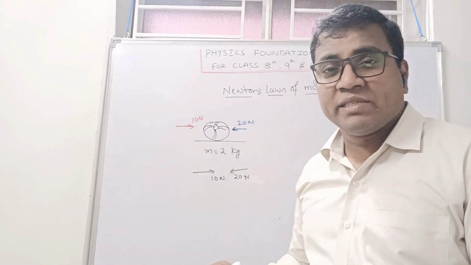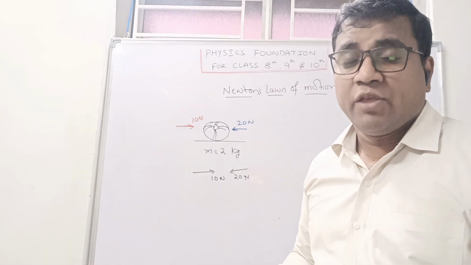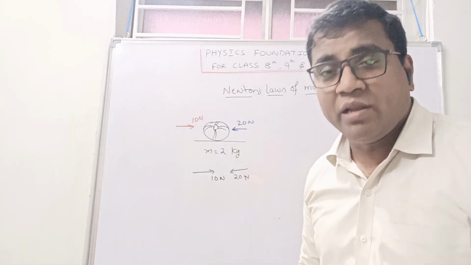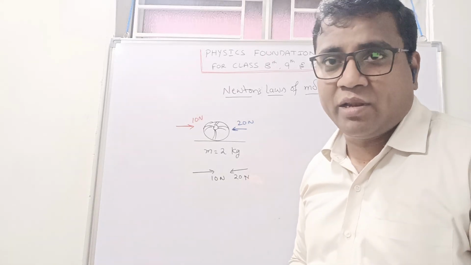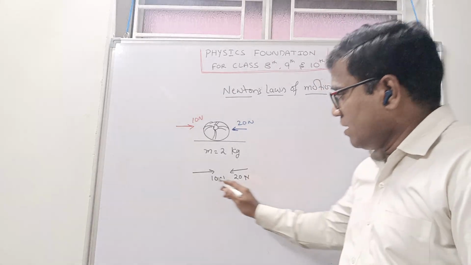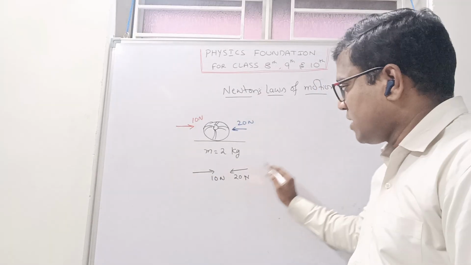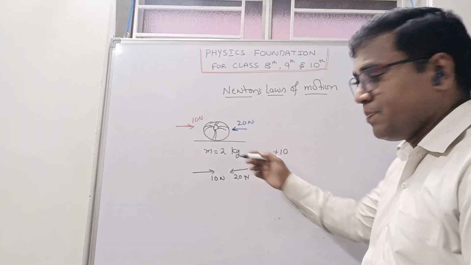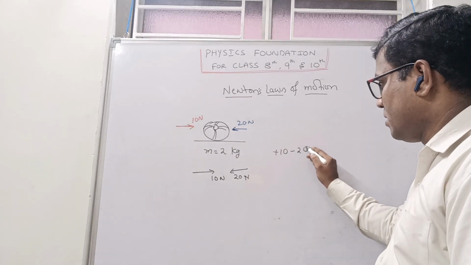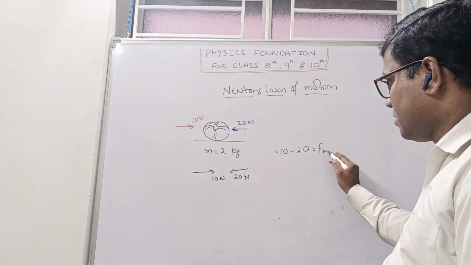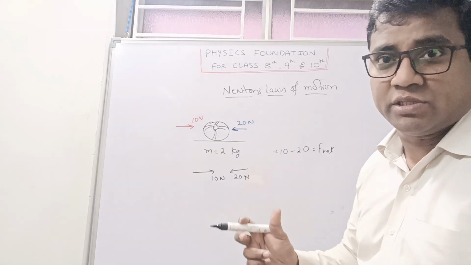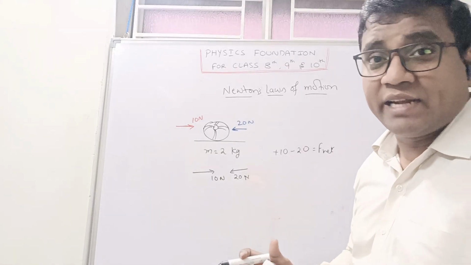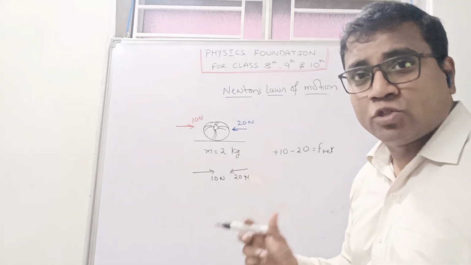Vector quantity means, as I already told you in the last classes, it depends upon the direction. Now it is moving in this direction, so I will consider it plus 10. In this direction, I will consider it minus 20. That gives F net, which is nothing but the net force or total force.